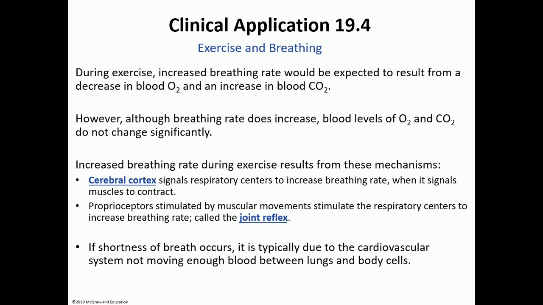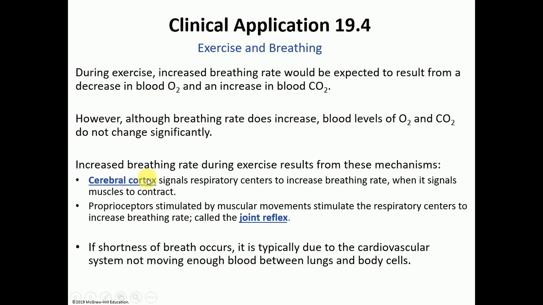So a little correlation between exercise and breathing. We all know that when we exercise, we need to increase our breathing rates. That is in order to get more oxygen into the body and to get rid of all of that carbon dioxide being produced by the skeletal muscles. So there are different things that help us start breathing faster even before we actually exercise.